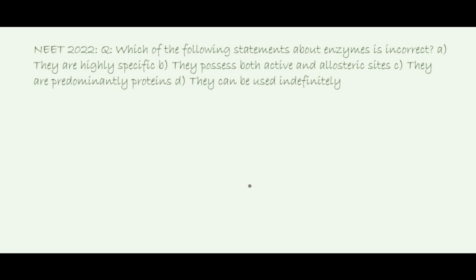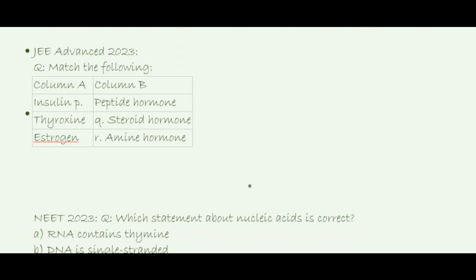They are predominantly proteins, but they can't be used indefinitely. They can be denatured by heat or extreme pH. They may be inhibited by various substances. They get degraded over time also. So option D is the right answer to this question.